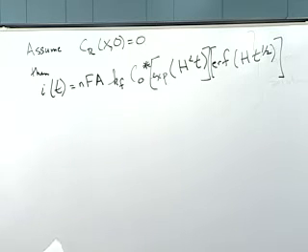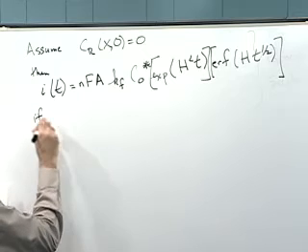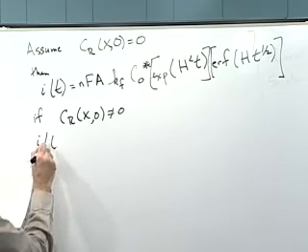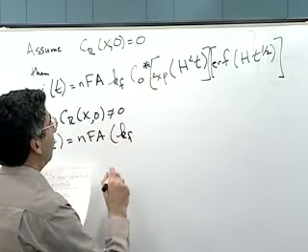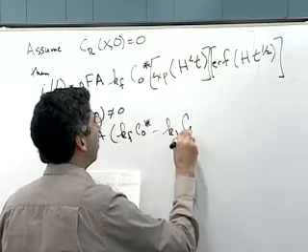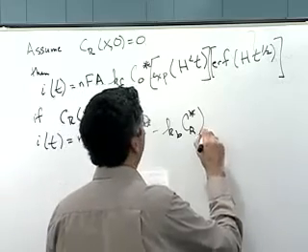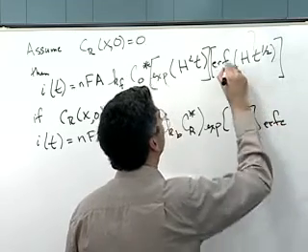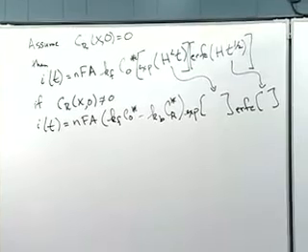If, by the way, you wanted to have some reduced species around, if it's not true that it's equal to 0, then the statement becomes I of t equals NFA times K forward bulk concentration of the oxidized species minus K backwards bulk concentration of the reduced species, which now exists, times the exponential as written above times the error function as written above. So you see life gets even more exciting.